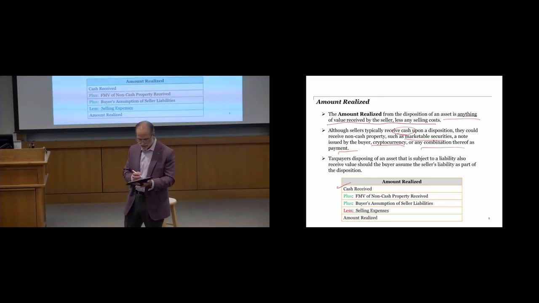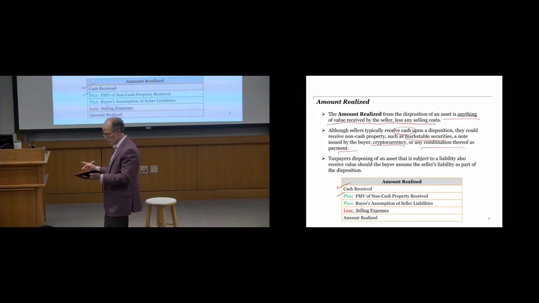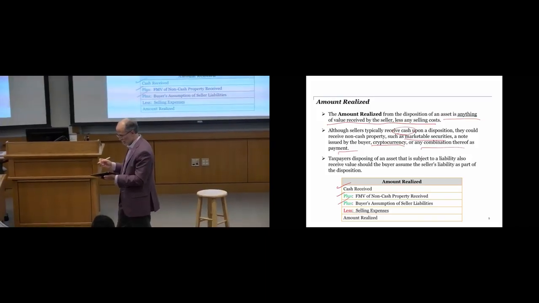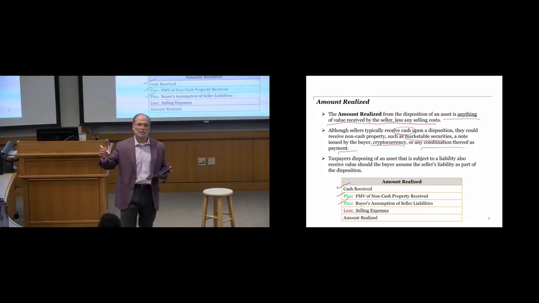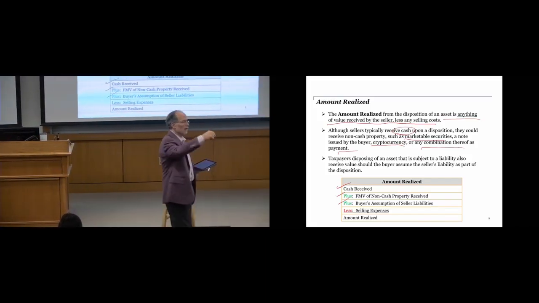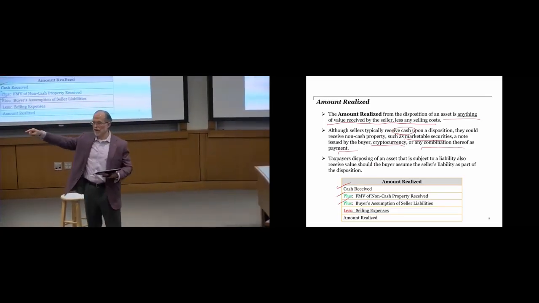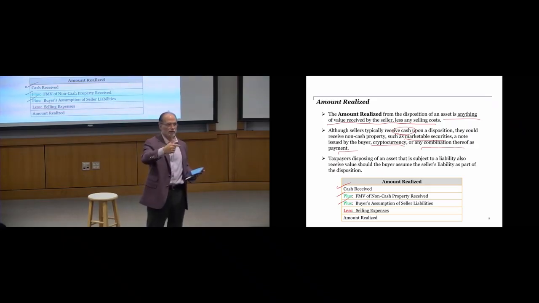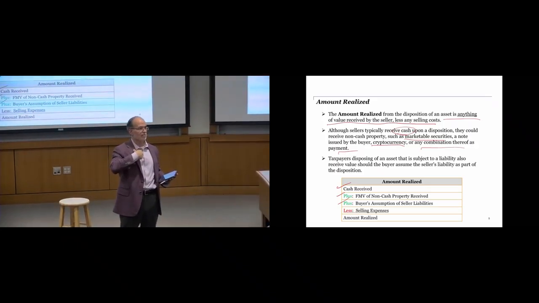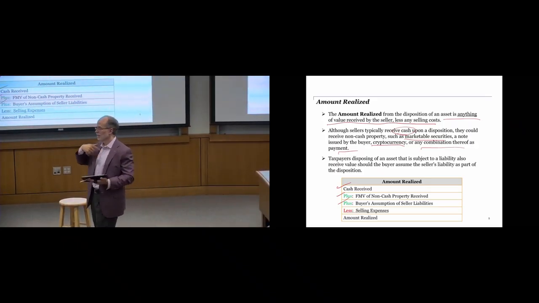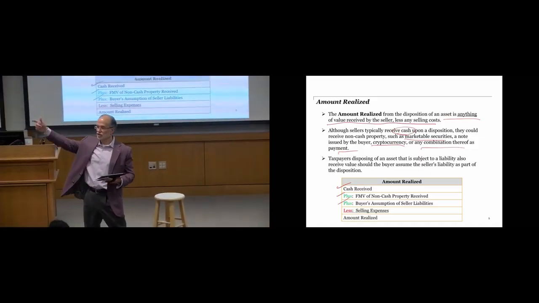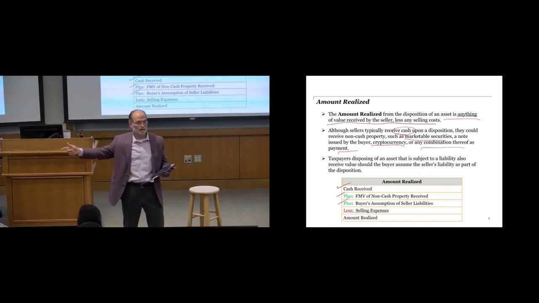So think of cash received plus fair market value of non-cash property received, plus the buyer's assumption of the seller's liability. So if I have a liability associated with an asset and the buyer agrees to take the liability off my hands, my personal balance sheet or my business balance sheet, along with the asset, that's amount realized.